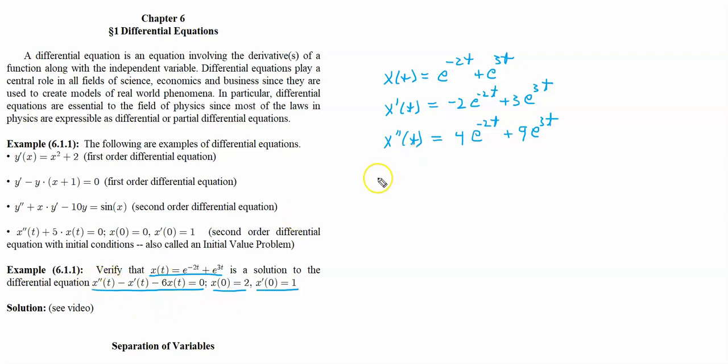So if we look at x double prime, let's see, that's going to be this. And then minus x prime, so that's minus x prime, and then minus 6x.